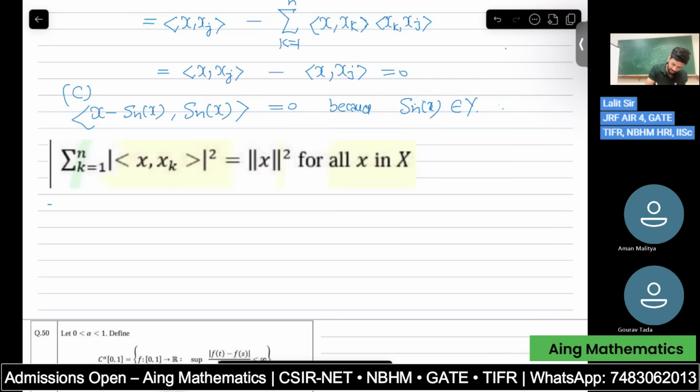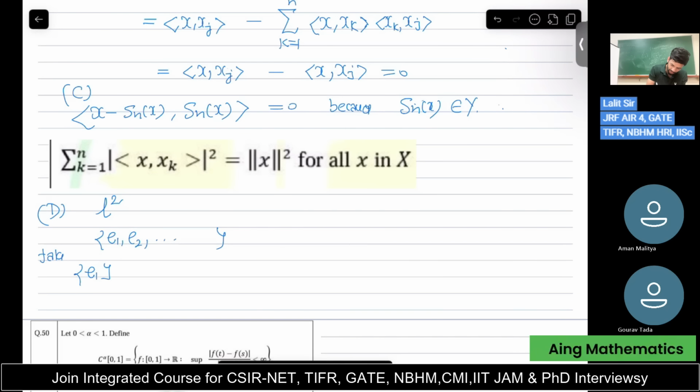We can pick L2 and this orthogonal set. In this case, we fix n equal to 1, just take e1. Then according to option D, the norm of x squared must be 1, right?